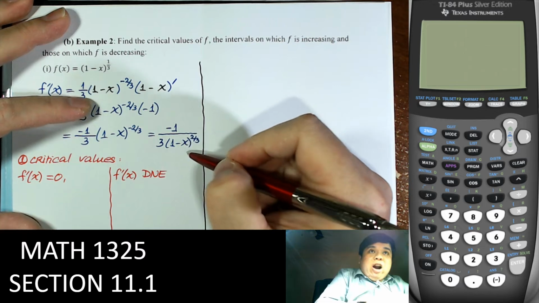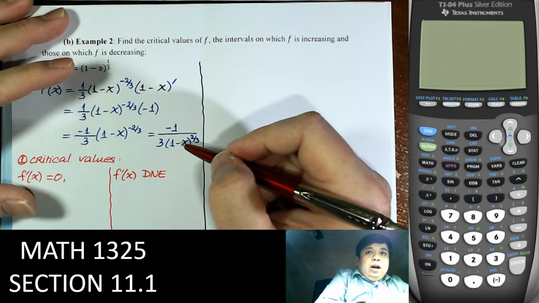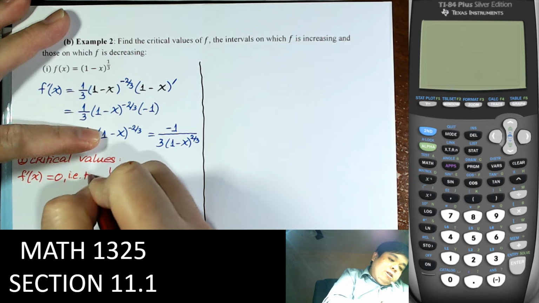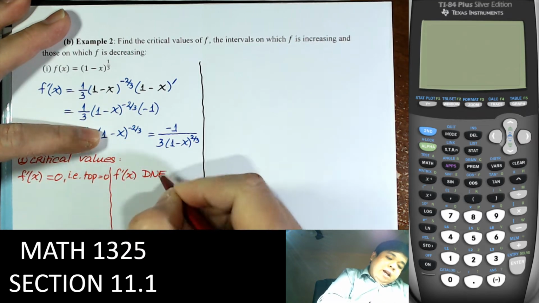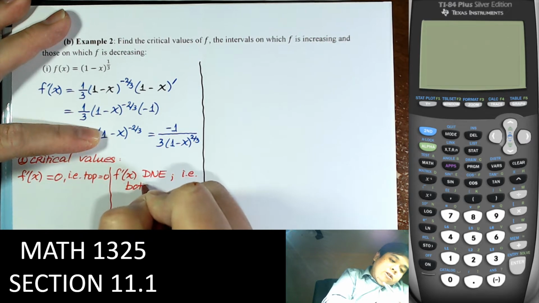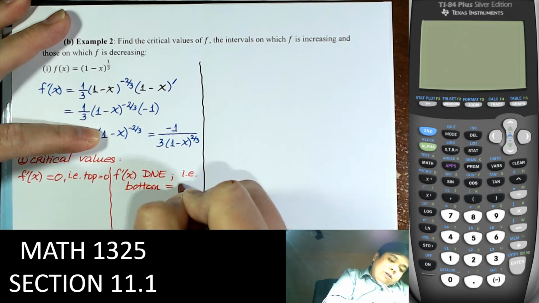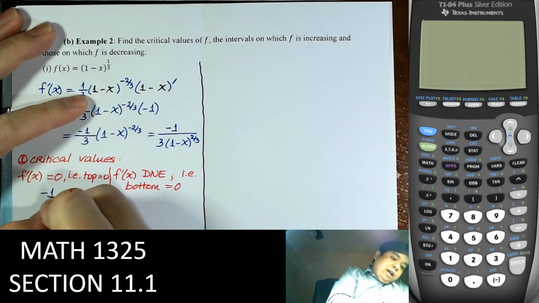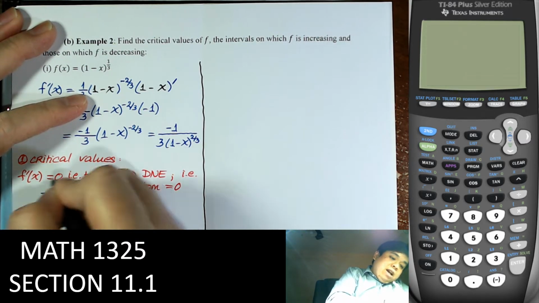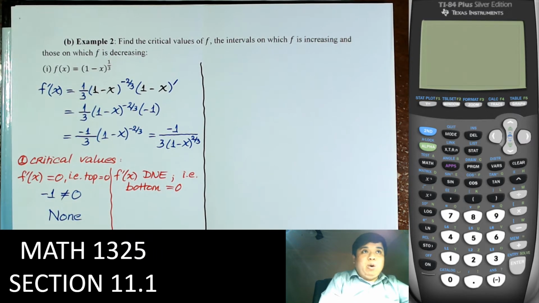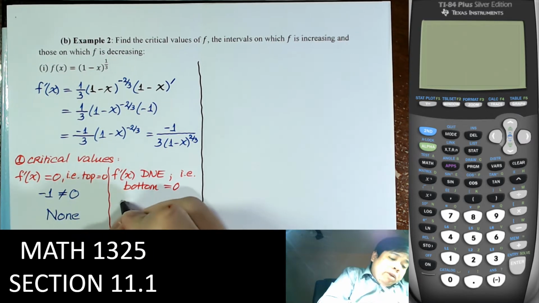Here we have a fraction, or rational function. It is equal to 0 if the top is 0 and does not exist if the bottom equals 0. On this one, the top is just negative 1, and that's not equal to 0. So we do not have anything here. Just like last time, we write none if there's nothing there. Right, bottom equal to 0.